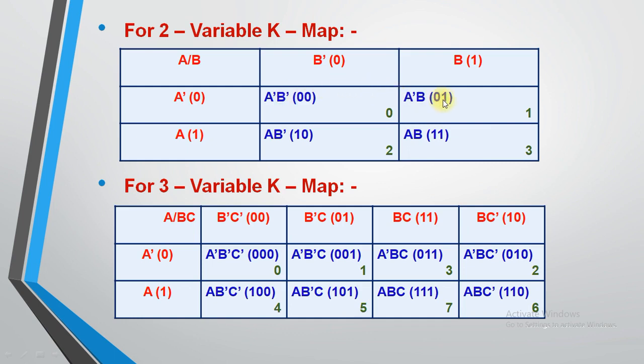In the first cell there is the combination 0 1. 0 represents the value of A, so A means A dash. Why A dash? Because if 0 is there, you put a dash, and if 1 is there, you take the value directly.